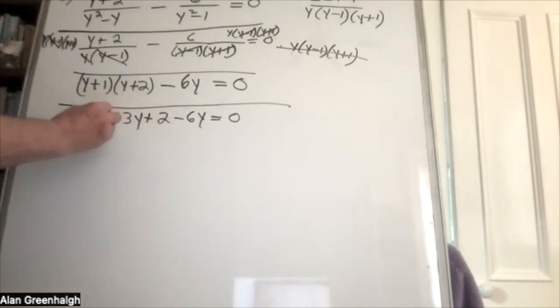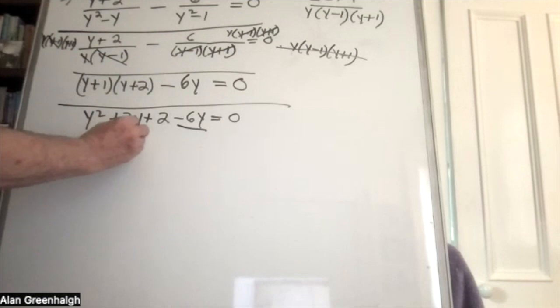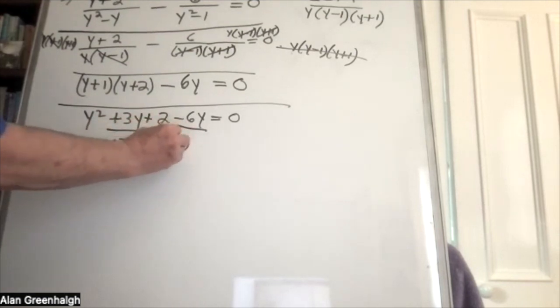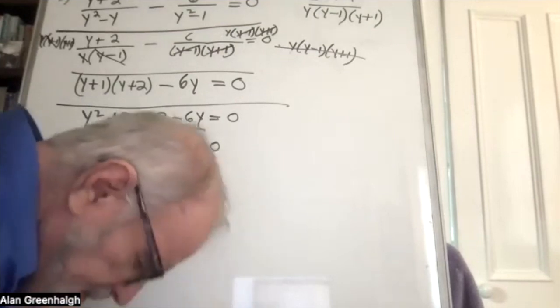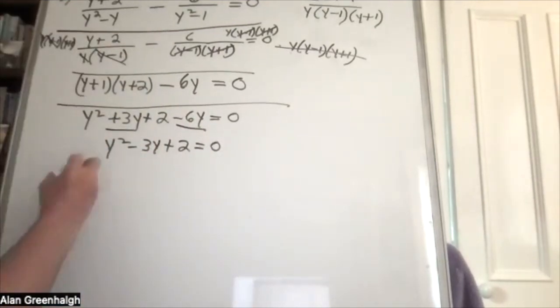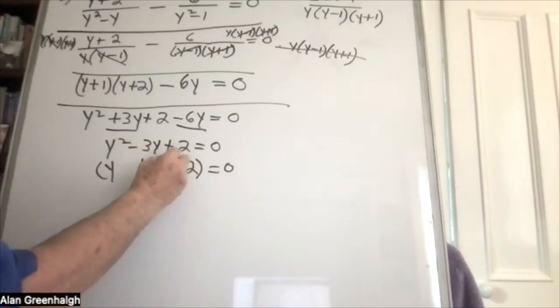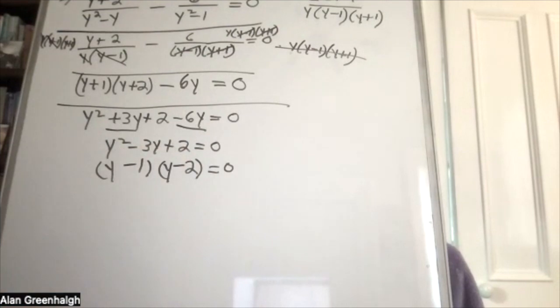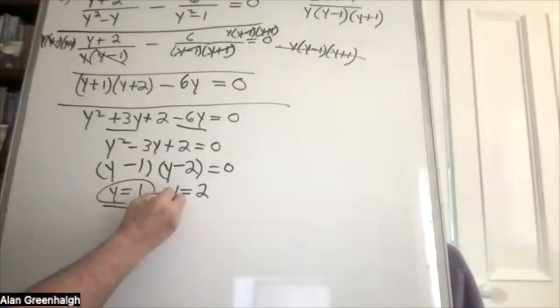And now I combine like terms, and I get y squared minus 3y plus 2 is equal to 0. And that can be factored pretty easily because this is a 2, this is a 1, negative and negative. Therefore, y is equal to 1, y is equal to 2. That looks like the answers.